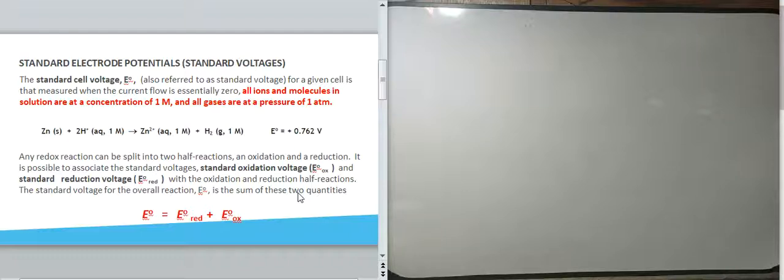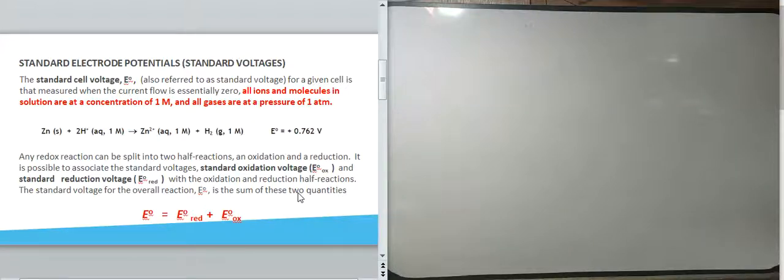It is possible to associate the standard oxidation voltage and the standard reduction voltage with the oxidation and reduction half reactions. The standard voltage for the overall reaction, E naught, is the sum of these two quantities: E naught reduction plus E naught oxidation.